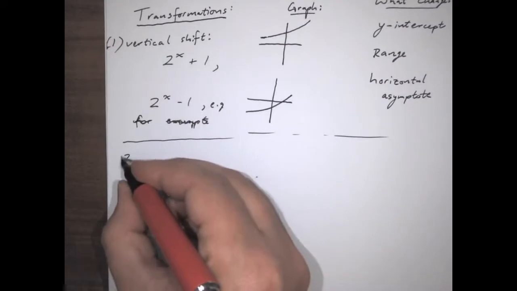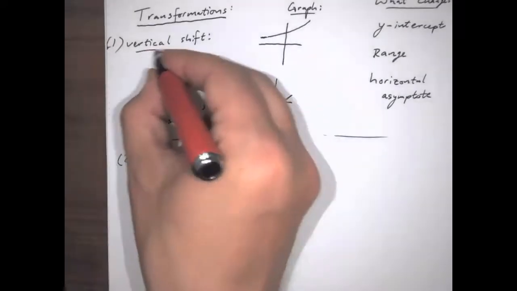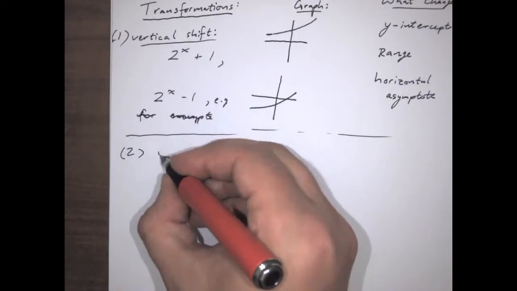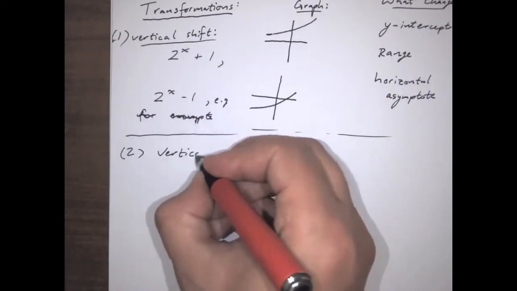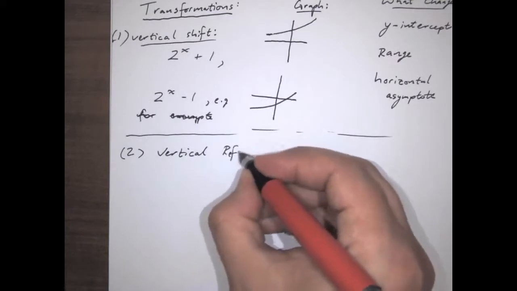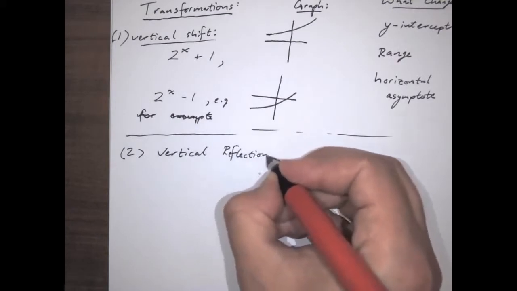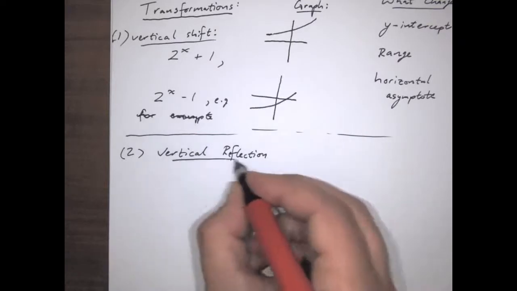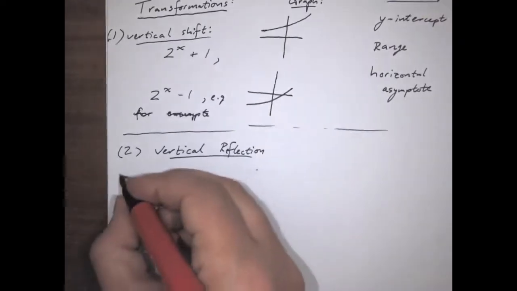Another change that we can make would be we can do a vertical reflection. And that's also called a reflection about the x-axis.